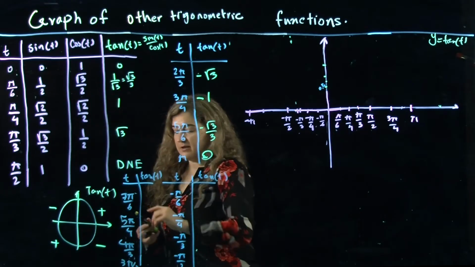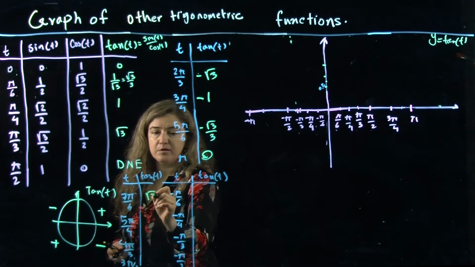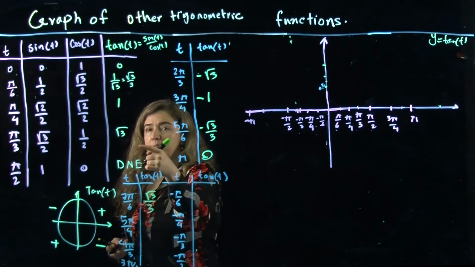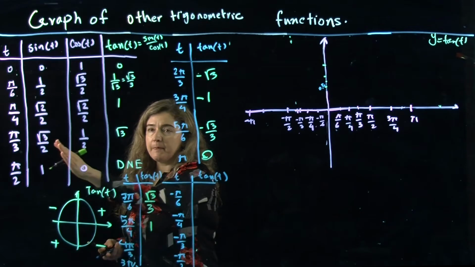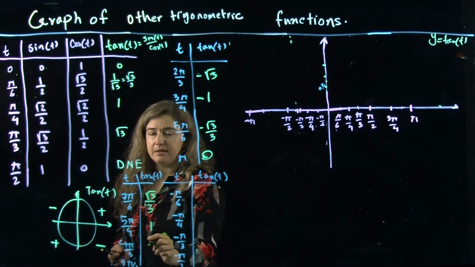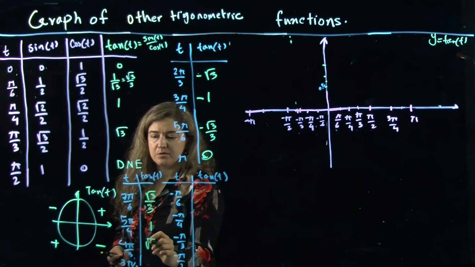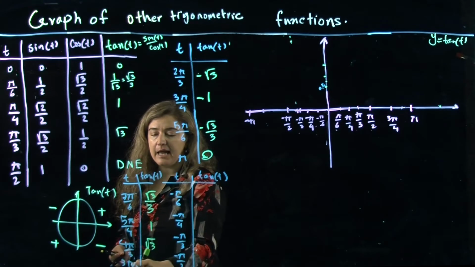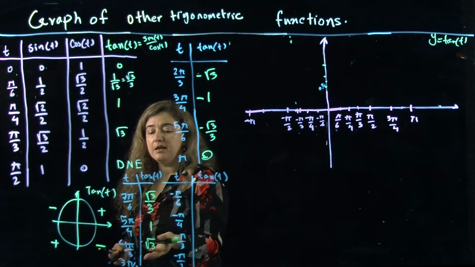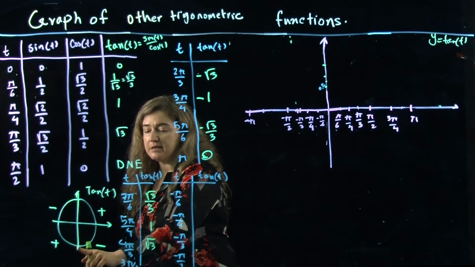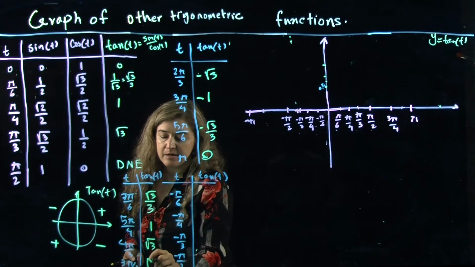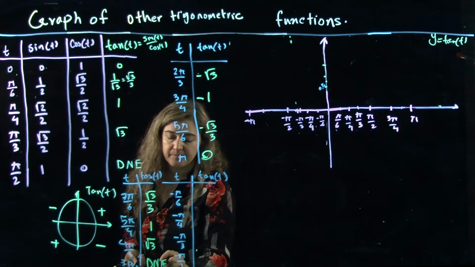The reference angle pi sixth gives me square root of 3 over 3. Pi fourth gives me 1. Pi third gives me square root of 3. And 3 pi half gives me, over here, sine equal to 1, cosine equal to 0, and that does not exist again.